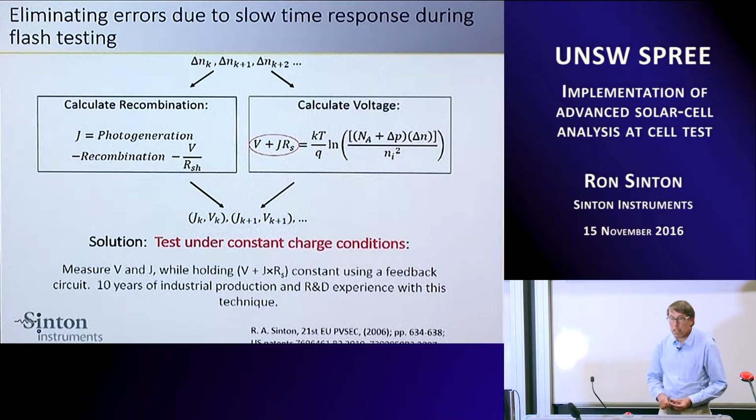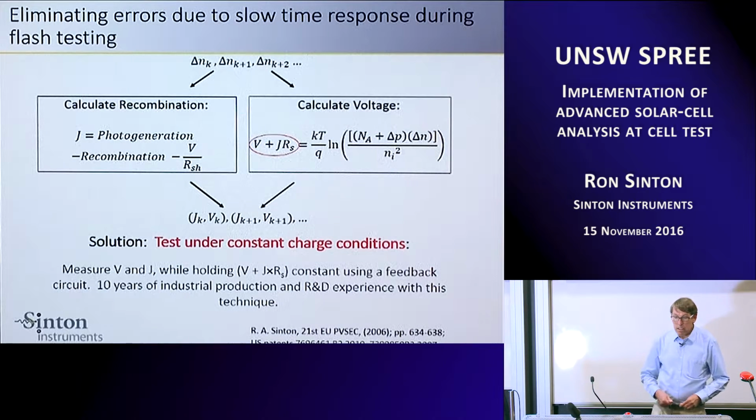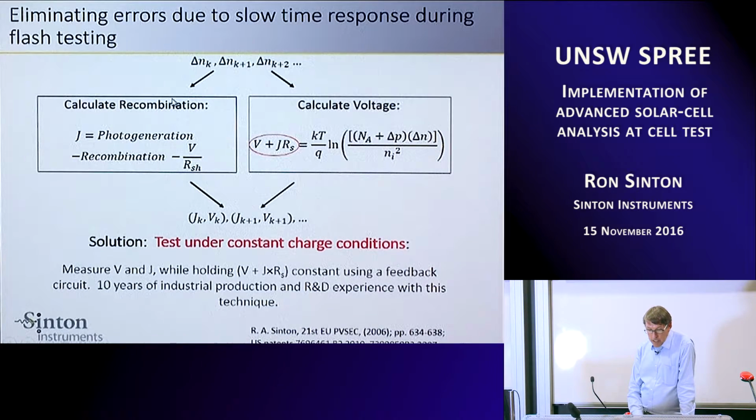So the way we deal with this is actually very simple in that I've shown you these equations. And what you can notice is that you would hold the carrier densities constant on the right, which is the charge in a solar cell, if you just hold V plus J R sub S, the terminal voltage plus the series resistance voltage loss, constant.